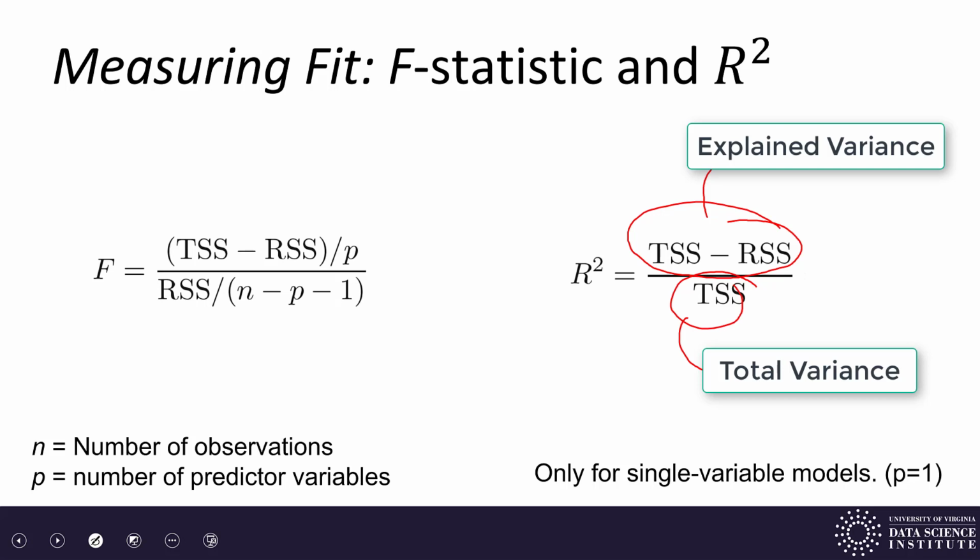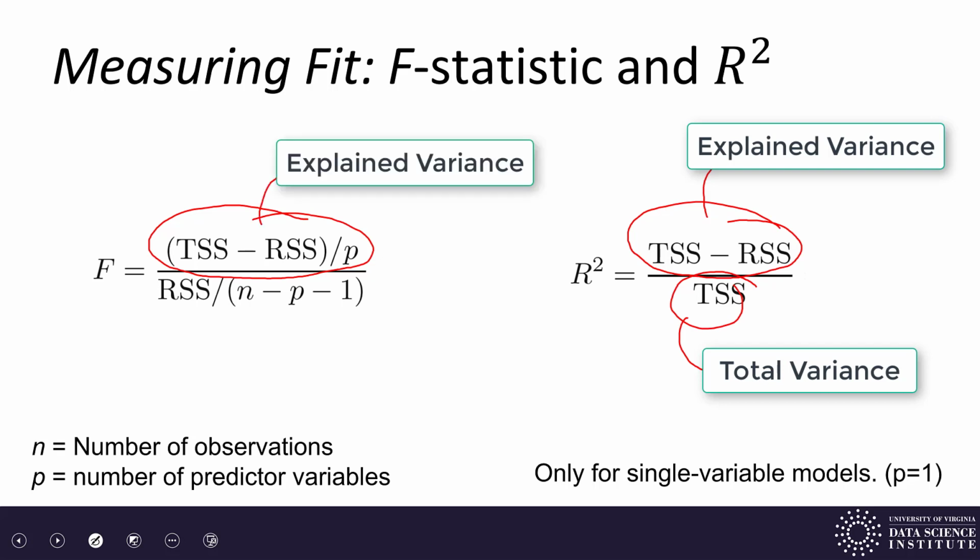Now let's go over to the F-statistic. The top portion here, total sum of squares minus residual sum of squares, similar to what we did with the R-squared, is going to give us the explained variance. Now notice we have a division by p right here. In the R-squared, there's no division by p.